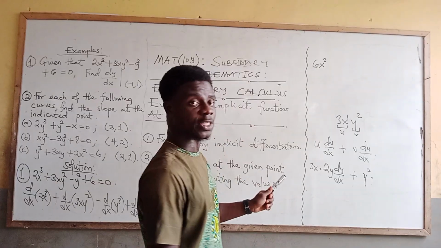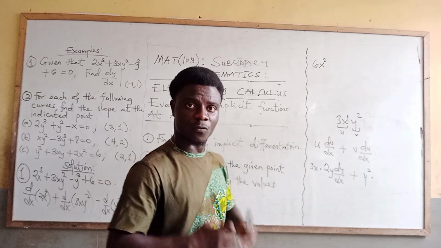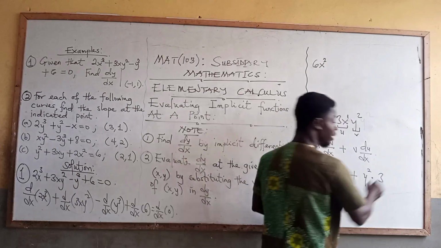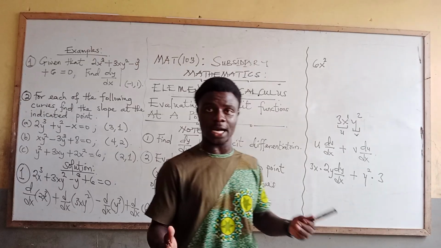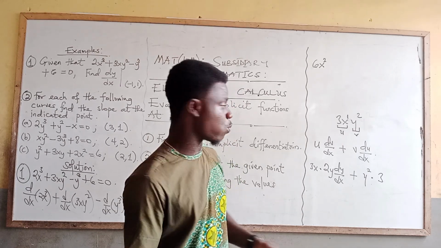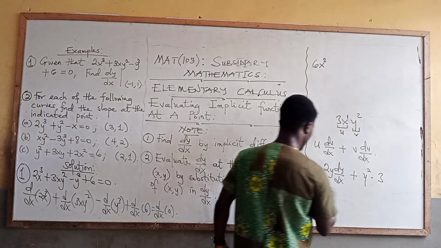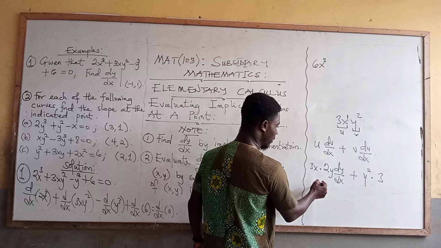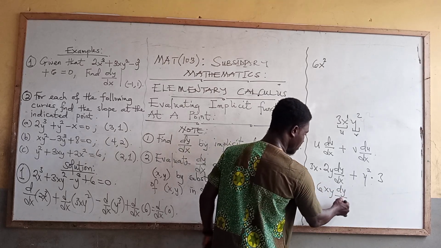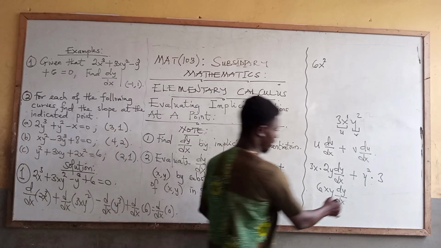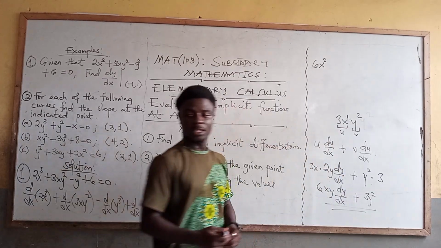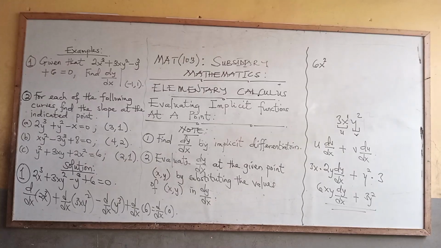So when it drops, it multiplies with the coefficient of x, which is 3. So 1 times 3, you obtain 3. Then you subtract 1 from the power, which is 0. So x to the power 0 is 1. So now 3x times 2y, you get 6xy dy/dx, then plus 3y squared. So we have this as our answer here.